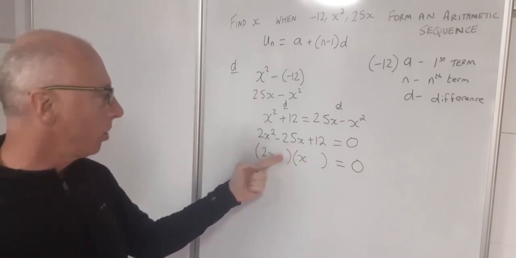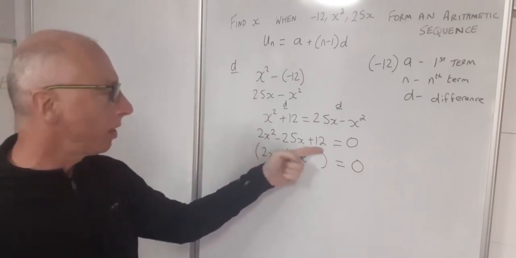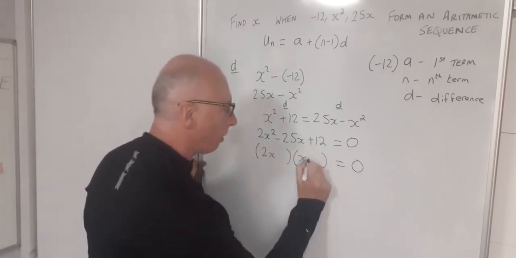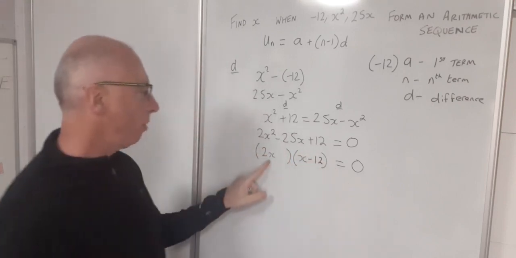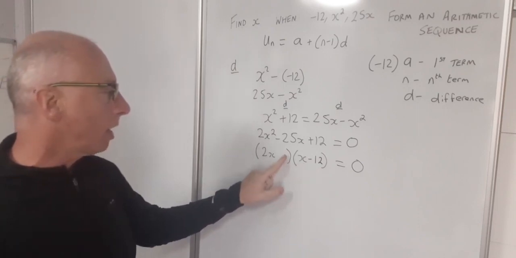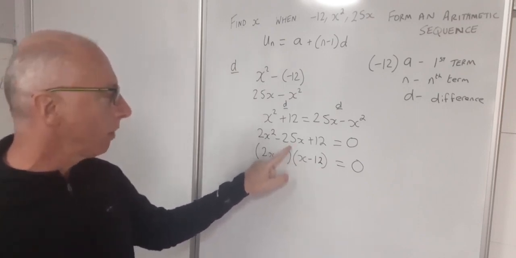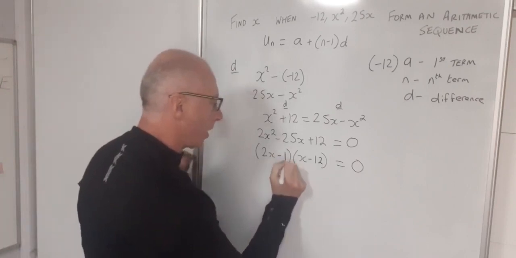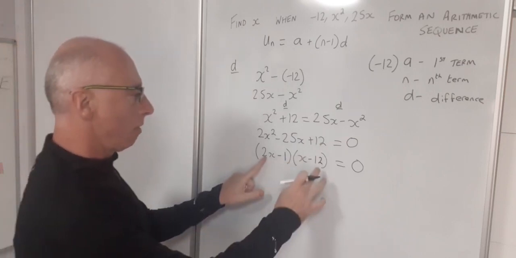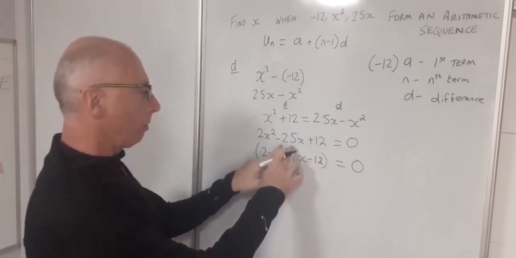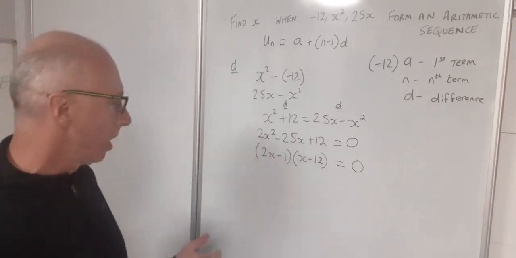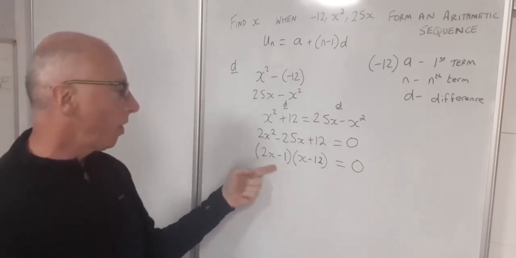As this is large, I want my 2x to be multiplied by the 12, and it's minus, so I'll put a minus 12 in there. 2x times minus 12 gives me minus 24x. Now x times minus 1 gives another minus x, which gives me my 25x. Minus 1 times minus 12 gives me plus 12, minus 24x and minus x gives minus 25x, and 2x times x gives 2x squared. So I'm happy with that. Now all I need to do is solve for x.